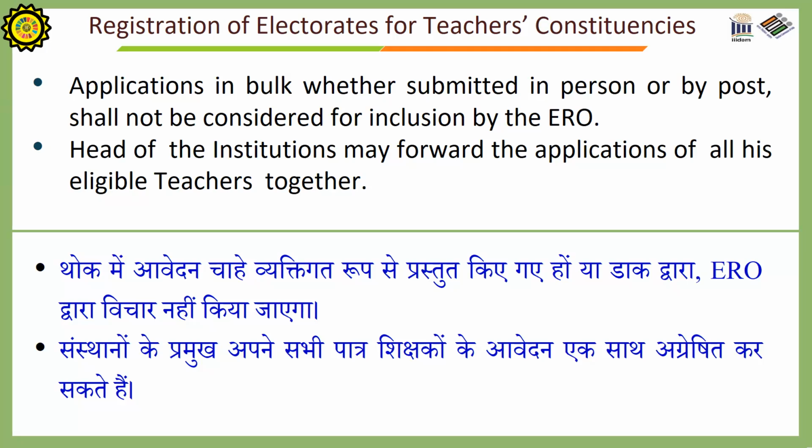Applications in bulk, whether submitted in person or by post, shall not be considered for inclusion by the ERO. Heads of the institutions may forward the applications of all their eligible teachers together.